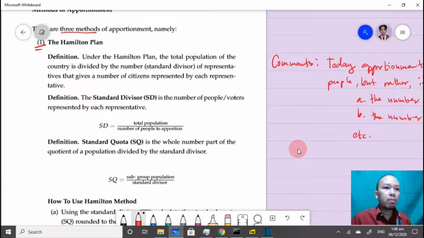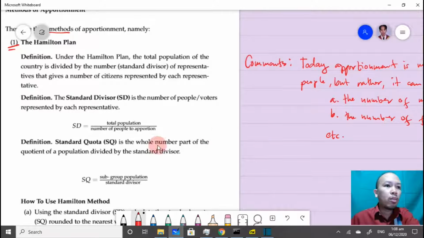So I have written here a comment with regards to the denominator, the number of people to apportion. This is not limited to the number of people to apportion only.